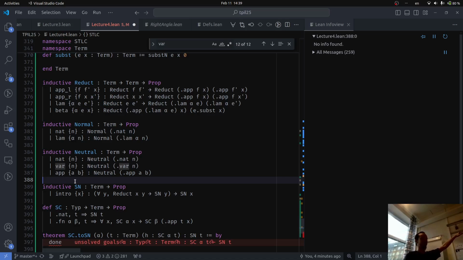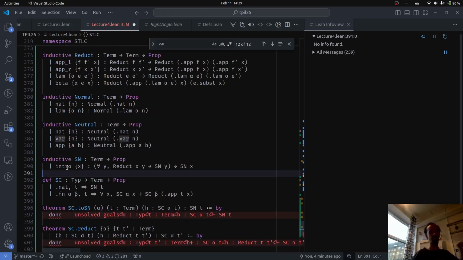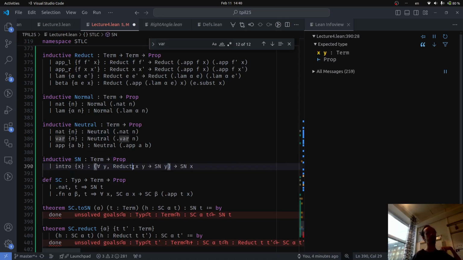It's a non-deterministic situation. But all possible ways for them to reduce eventually stops. There's no infinite path of reductions. That's what strong normalization says. That gets encoded in this inductive type. So the inductive type says that something is strongly normalizing only when everything that it reduces to is also strongly normalizing.